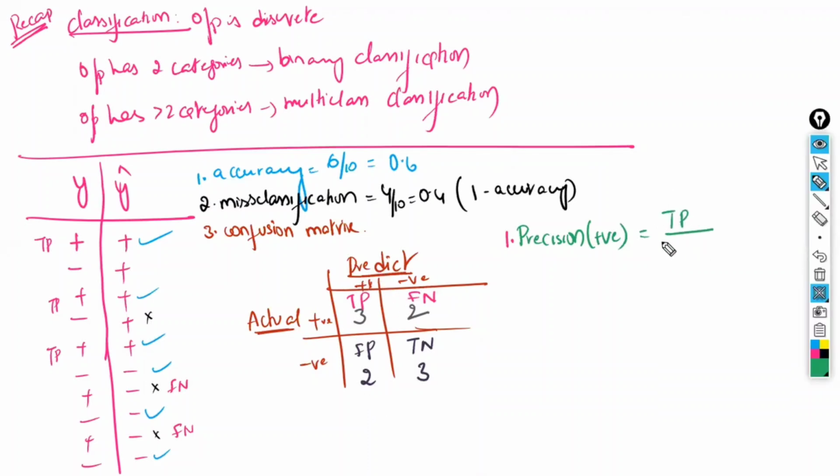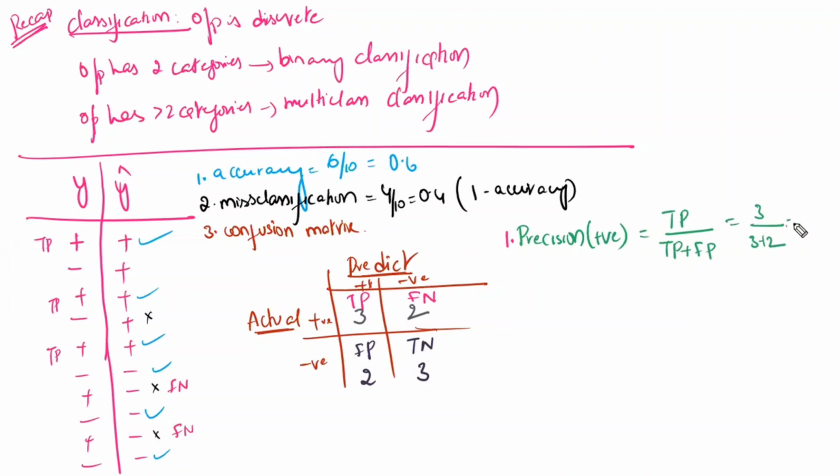Predicted positives are TP and FP. That is 3 divided by 3 plus 2, which is 3 divided by 5, that is 0.6.